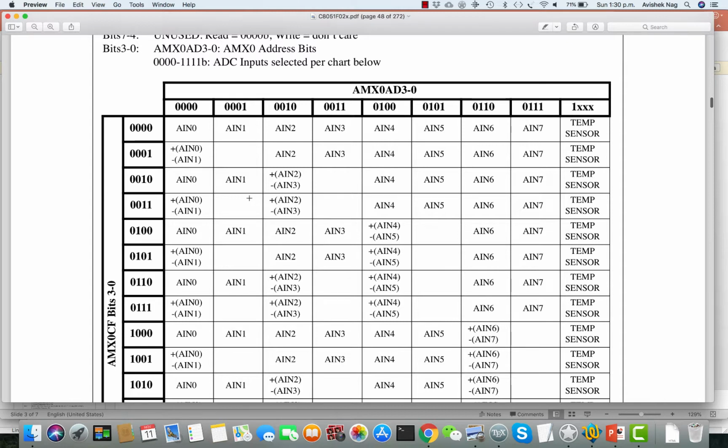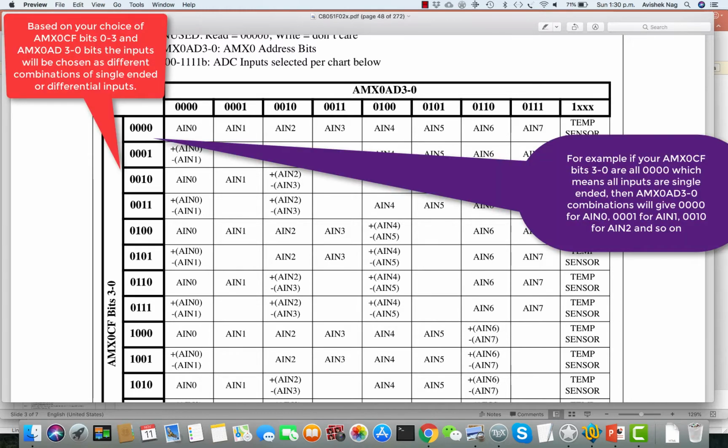For example, if you put 0000, then everything is single-ended inputs.